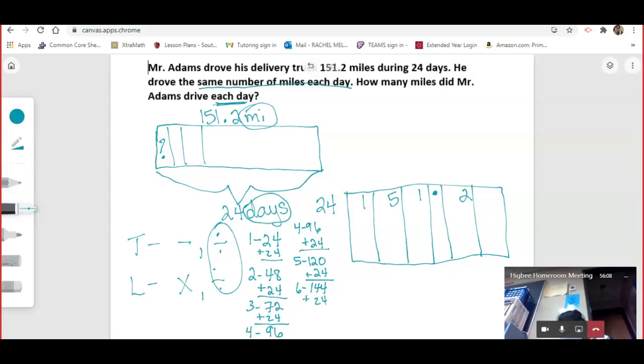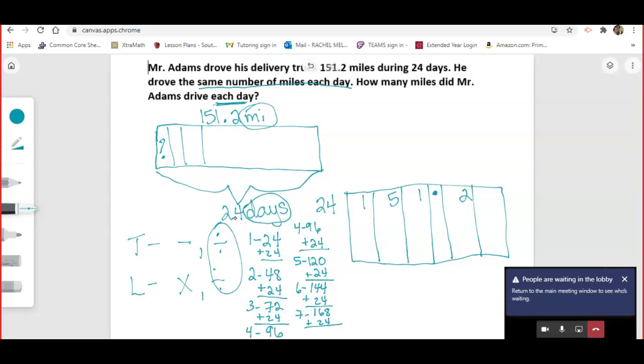If I add another, 168. If I add another, 192. Now, I only have to go to 9.